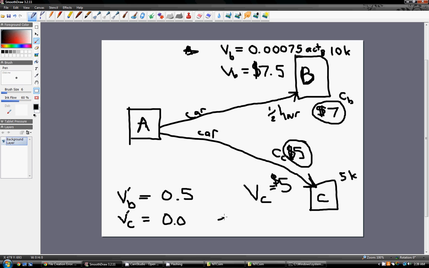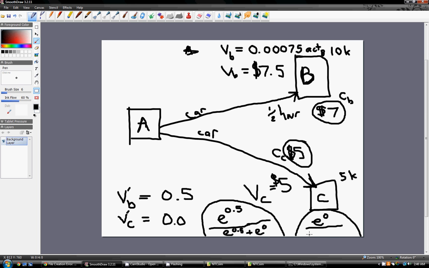And the exact way that's calculated is going to be e to the 0.5 all over e to the 0.5 plus e to the 0. So that's the proportion of trips from A that will go to B. And the proportion of trips from A that will go to C is just going to be the same thing, but with the relevant number switched around, plus e to the 0.